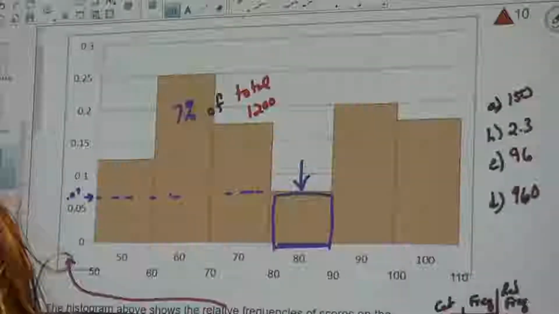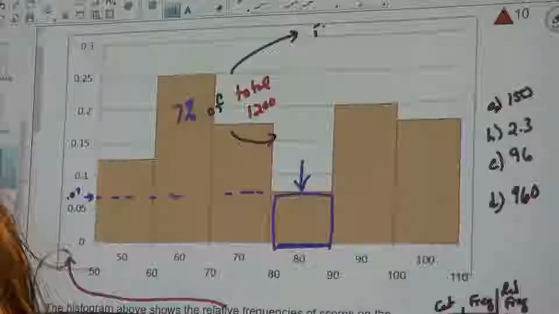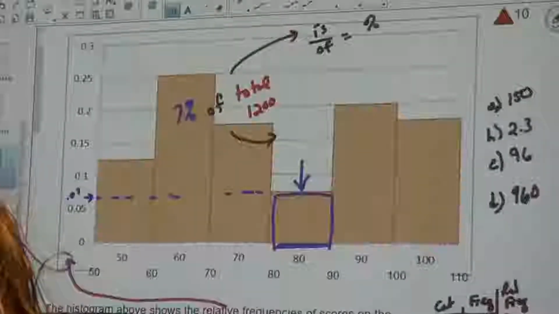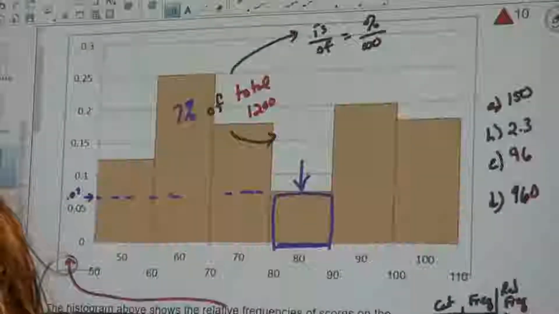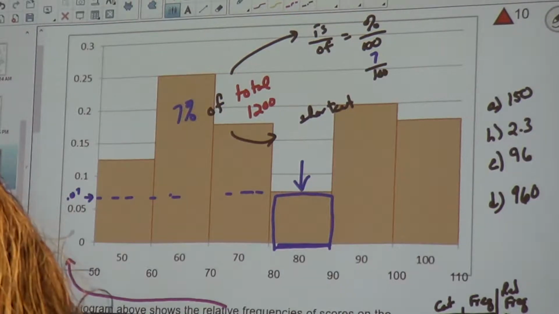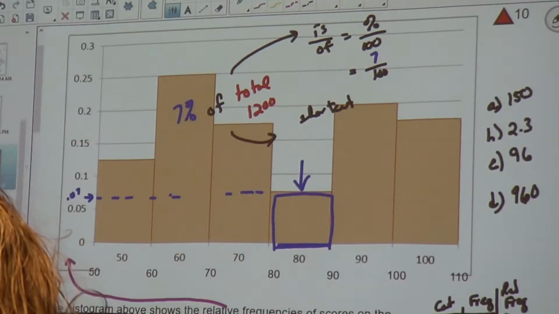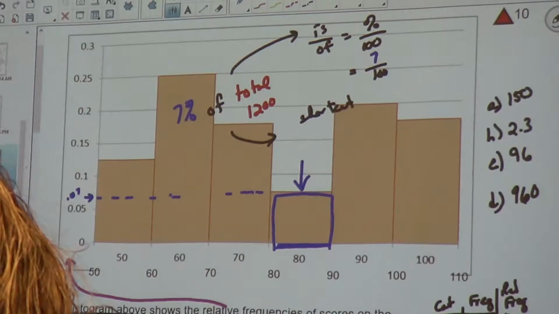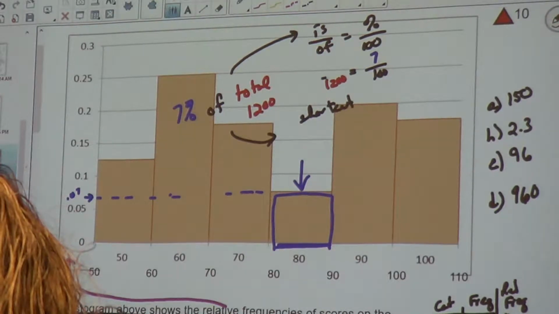I can do it in one or two ways now. I can do it as an is over of equals percent over 100, or I can do it as the shortcut. The is over of, where does the 7 go in the is over of? Above the 100 because 7 is a percent. Where does the 1200 go? At the bottom because that's your total or your of.